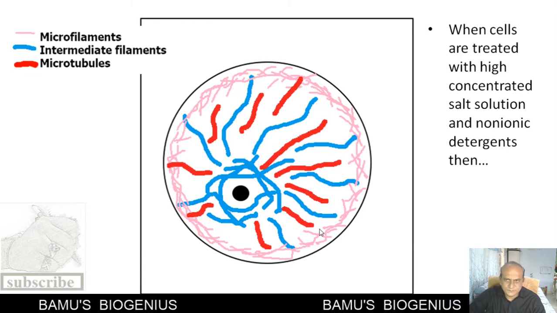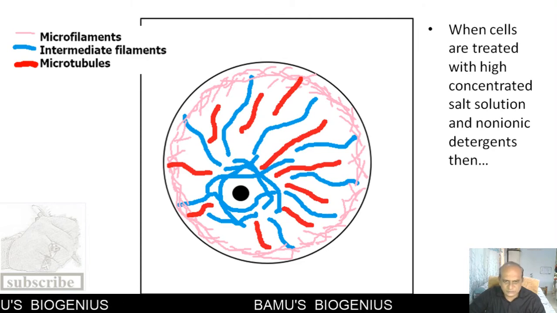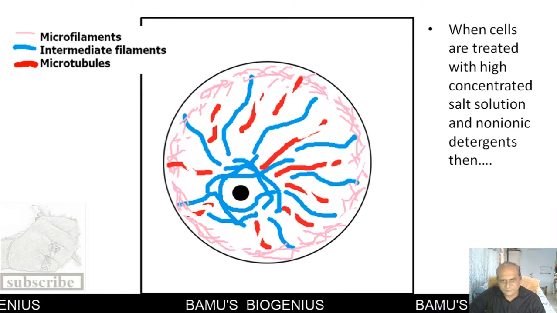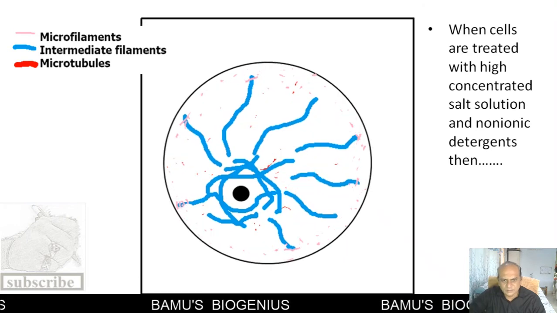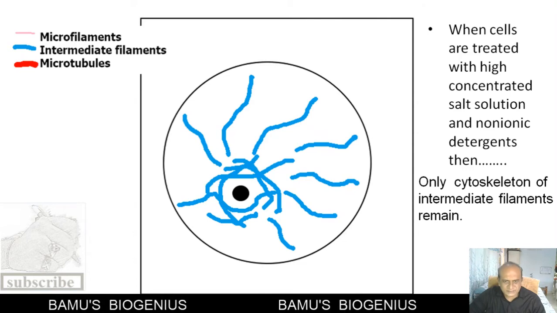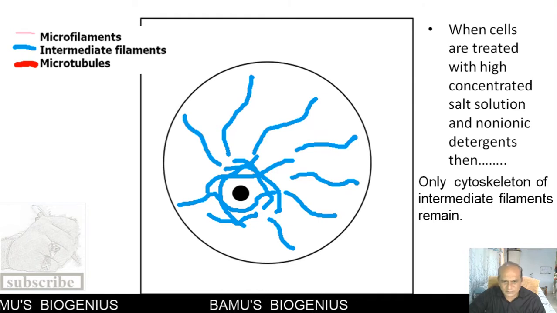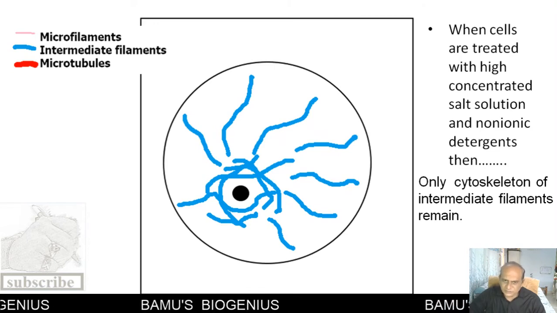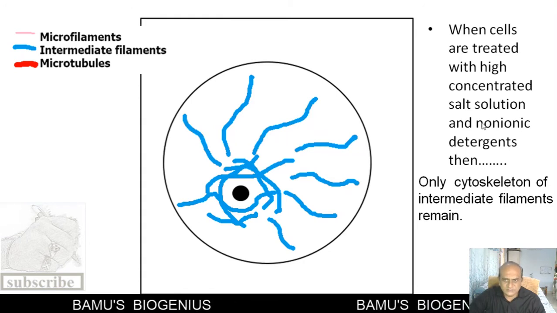Now here you can see, when such a cell is treated with a concentrated salt solution and non-ionic detergents, only the cytoskeleton of intermediate filaments remains. So the name cytoskeleton was actually given for intermediate filaments, because intermediate filaments are the only structure found in the cells when treated with such a solution.